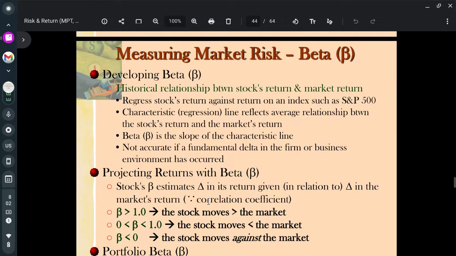Why? Because, as I told you, X is the market, Y is the individual stock, and the market is a big force that cannot be affected by a single stock. But a single stock is easily affected by the market. Think about it. When the market is generally going down, just because you have one stock going up, that one stock cannot pull up the market, right? There are 500 stocks in the S&P 500.